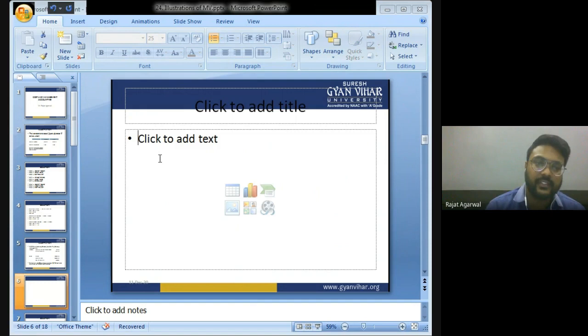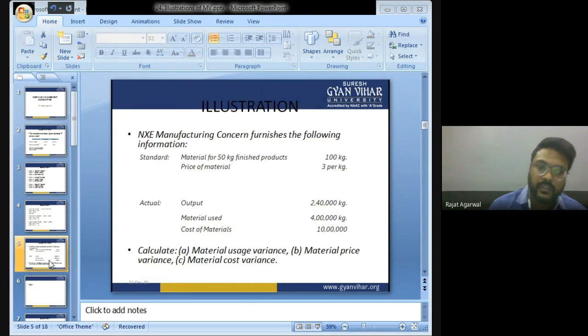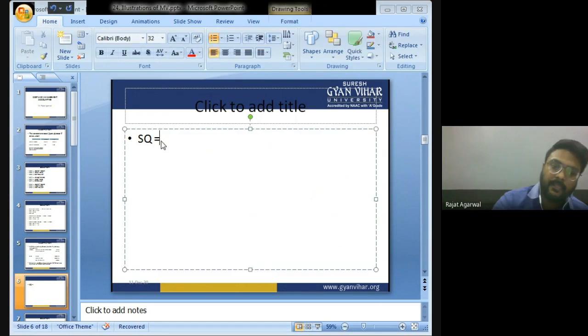So let us see. First, what is standard quantity? Sir, it is saying 100 kg material is required for 50 kg of finished product. It means every 2 kg of material is required for 1 kg of finished product. That is standard quantity per unit.